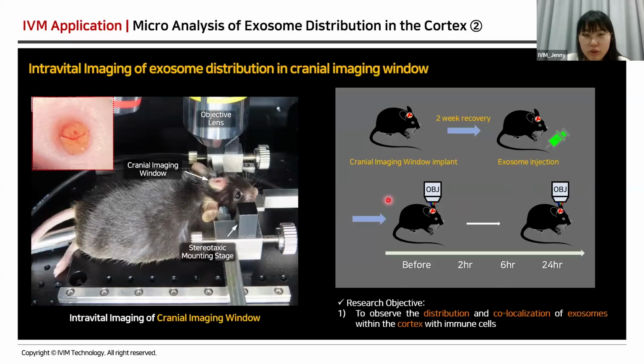Imaging was then performed repeatedly at different time points, which were before exosome injection, 2 hours post-injection, 6 hours post-injection, and finally 24 hours post-injection. The objective of this experiment was to observe not only the distribution of the exosomes in the cortex by depth, but to also see whether or not these exosomes co-localize with the dendritic cells found in the brain.